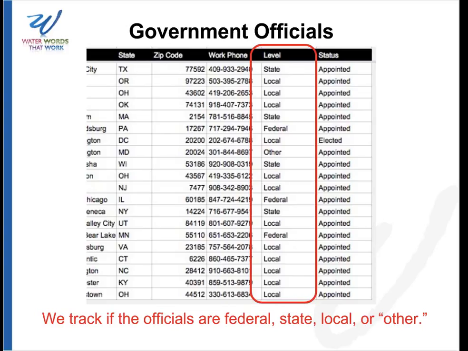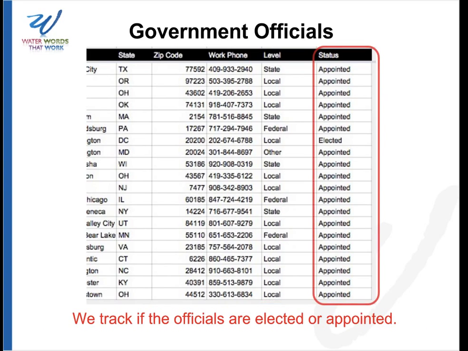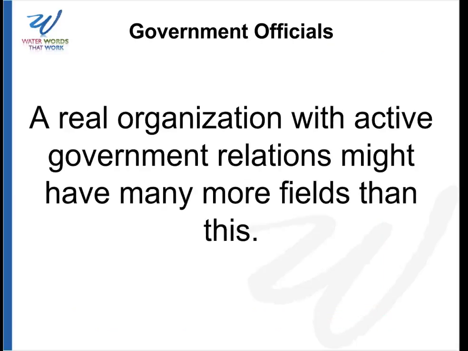We keep track of whether that's state, local, or federal. And we keep track of whether those are elected or appointed officials. Now, real organizations with active government relations programs might have even more information that they're tracking, but this will be good for practice now.